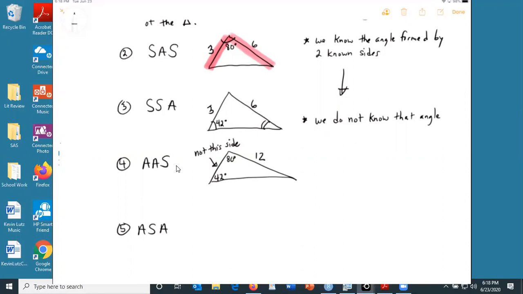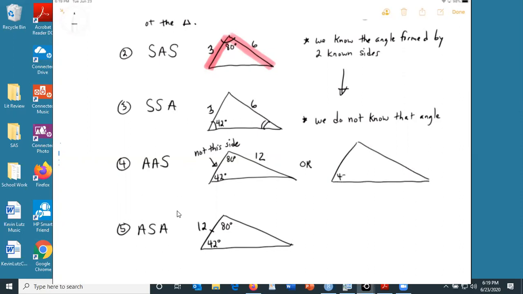Whereas with number 5, we have 80 degrees, 42 degrees. This time, it must be this side right here. And notice how that particular S is between the two angles. And just to illustrate a little further, we go back to number 4.